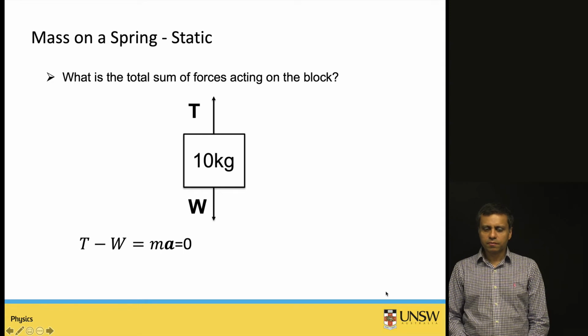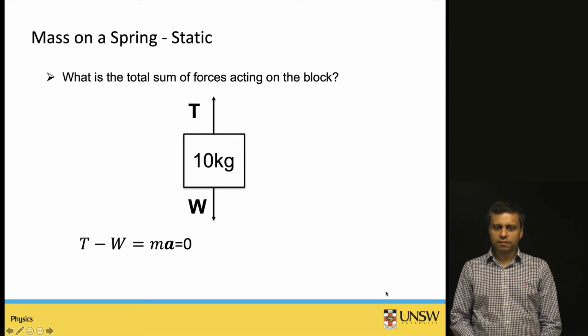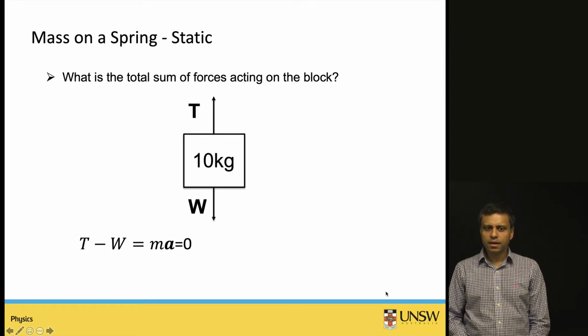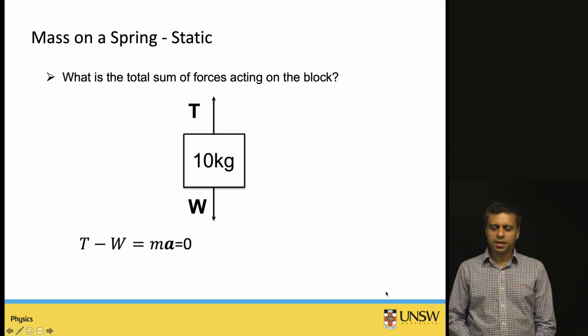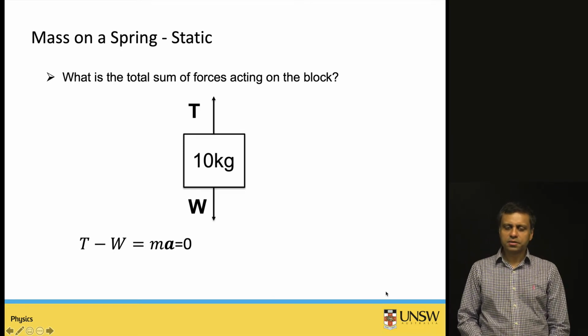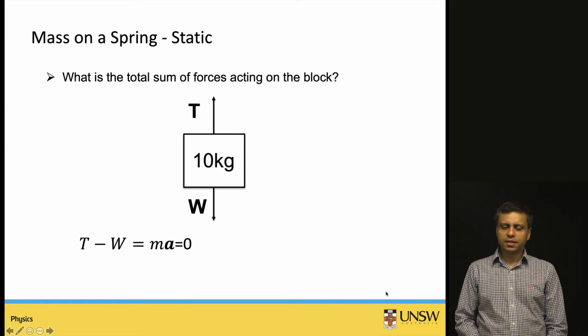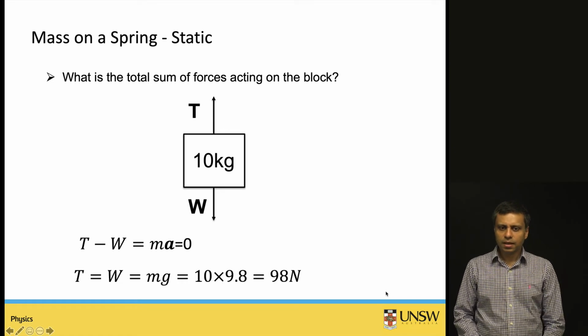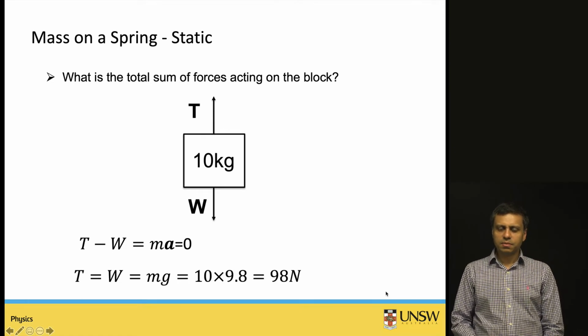So we write the force equation from Newton's second law. T minus W equals m times a, and since the block is stationary, acceleration is 0, and we see that the tension force is actually equal to the weight of the block mg. And if we plug in the numbers, 10 kg for mass and 9.8 meter per second square for g, we get 98 newtons. It's a simple problem.